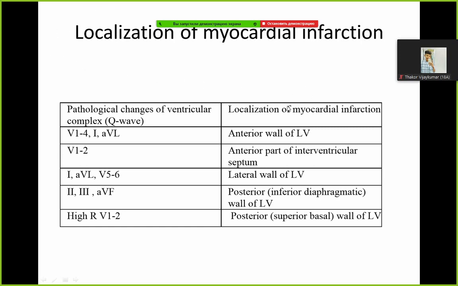Localization of myocardial infarction. You must remember this table, learn by heart this table, how to assess the localization of myocardial infarction according to the presence of changes of ECG.